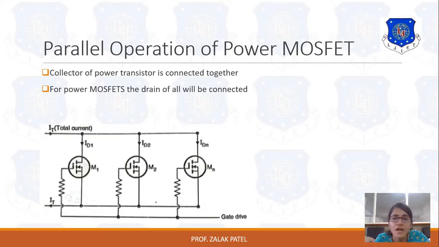The current imbalance means some amount of current will be unbalanced, either in microamperes or milliamperes. There can be some current leakage with power MOSFET. So this is one limitation of power MOSFET, that there can be a current imbalance. To reduce the current imbalance, we can use this circuit, but it cannot completely balance the power MOSFET.